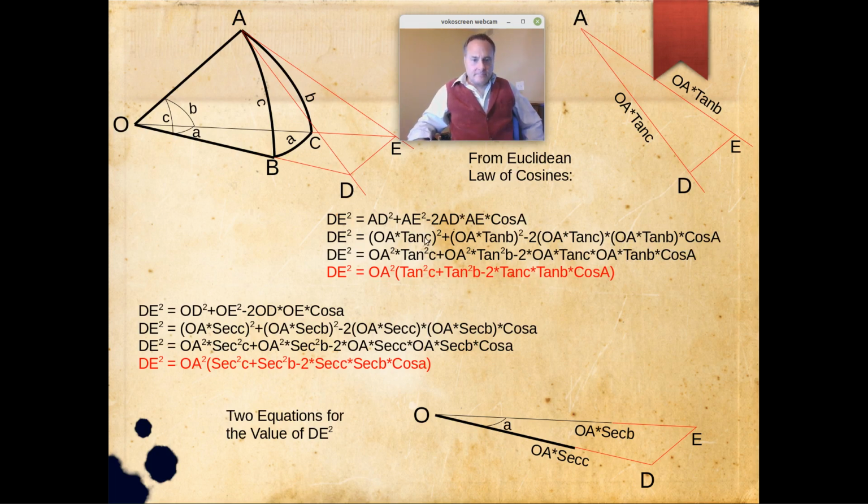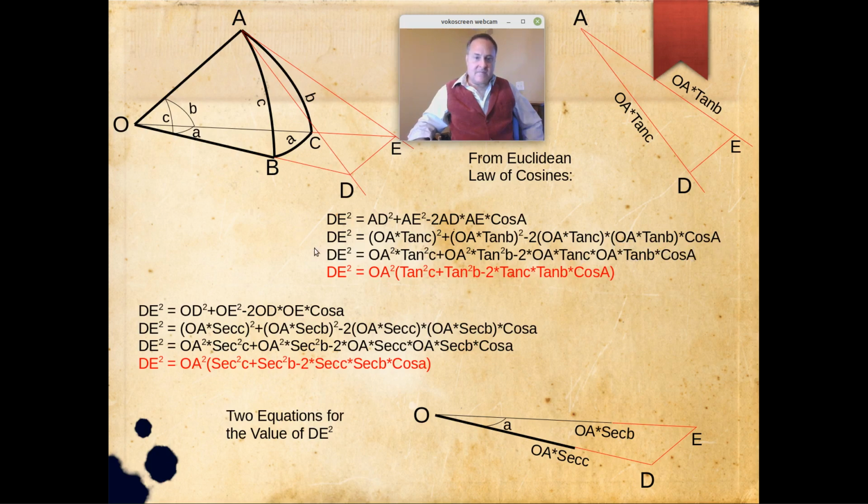Now, what I'm going to do is distribute the square into each of these. So now I've got OA squared times tangent squared C plus OA squared tangent squared B minus 2 OA tangent C times OA tangent B times cosine of A.